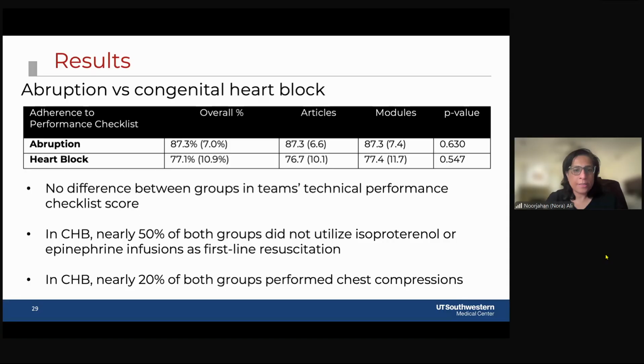What was interesting was that in both groups, those that got the articles and those that went through the modules, where for example, for heart block we talked about when to use isoproterenol, when to use epinephrine if you don't have iso, or when to just leave the heart baby alone, regardless of whether they did the articles or modules, 50% of them didn't get that intervention right. And what I thought was interesting was 20% went straight for chest compressions, even though the baby was crying with a heart rate of 60.